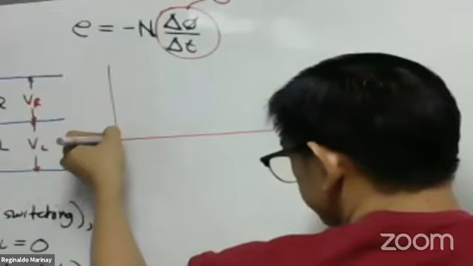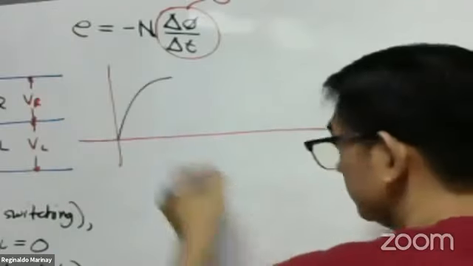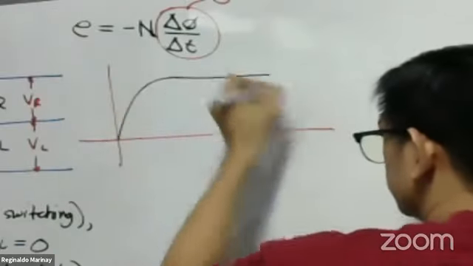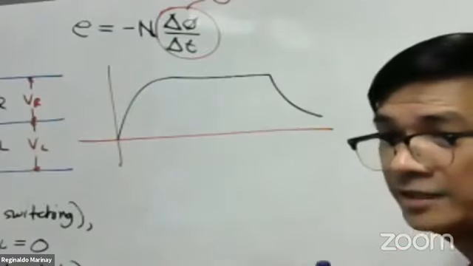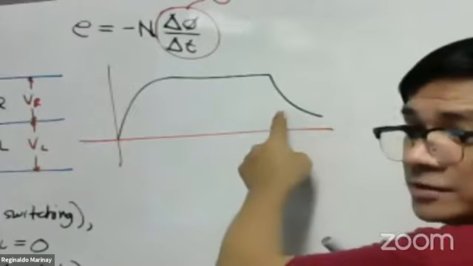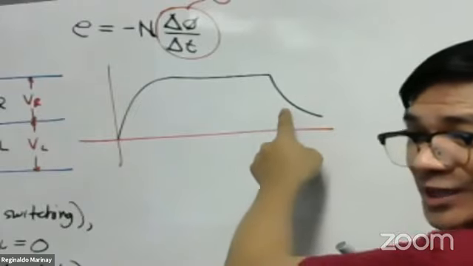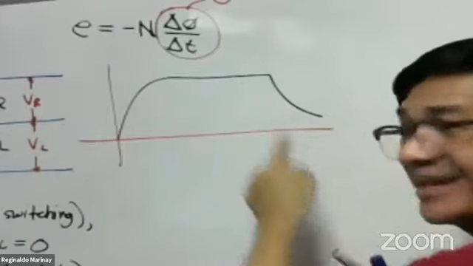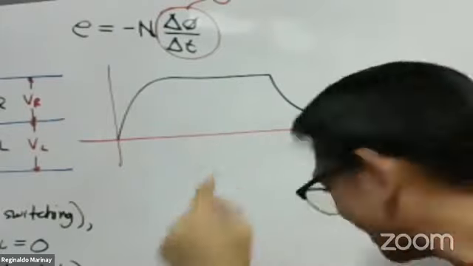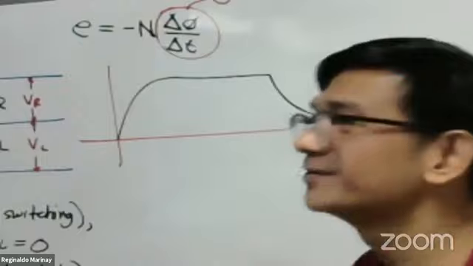We have the transient period, then the steady state, and then there is a decay. I hope this will not happen to your relationships. This is decay. It's better that we always stay steady. Okay, so let's go here, series RL.